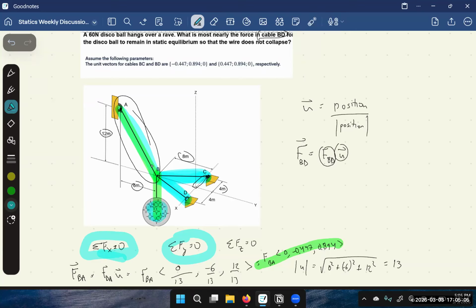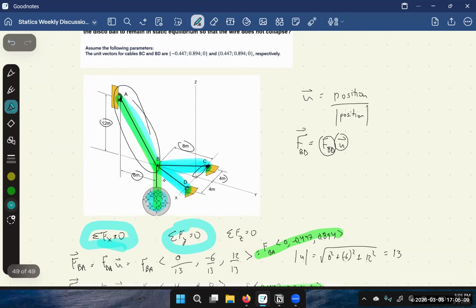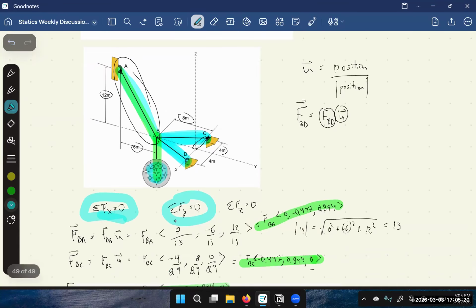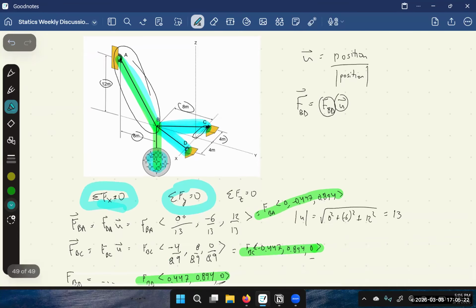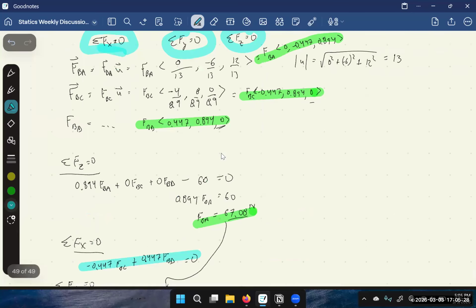So force in FBD is the same as force in FBC. If it is not symmetrical, you can't really make that assumption. Or if there are external forces and the system is not symmetrical. Whenever it's not symmetrical, you can always fall back on this style of equilibrium equations and solving them. So there you go.